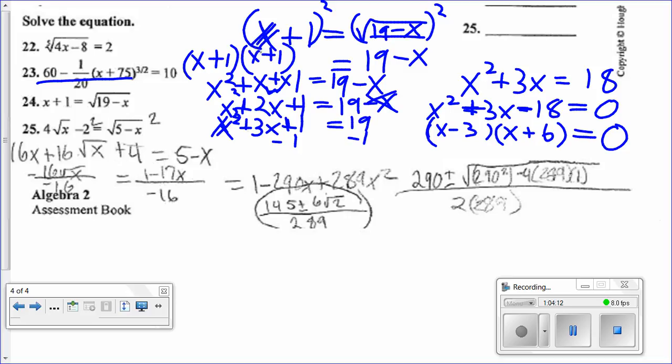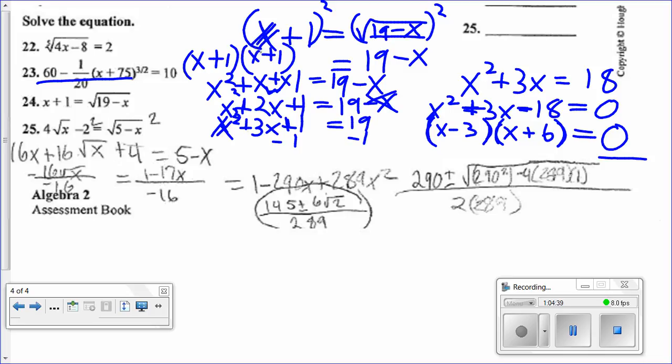Okay. So yes, we can see that here. In order for us to get 0, we need to get one of these parentheses to equal 0, and then we're good.